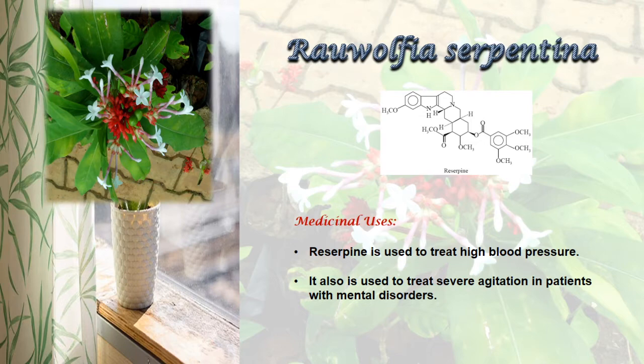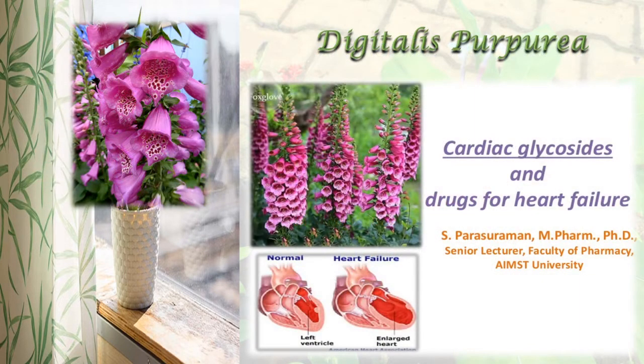And the next one, Digitalis purpurea, having pink bell-shaped flowers. From this plant, glycosides, that is digoxin and digitoxigenin, have been extracted, and they find application in treating cardiac disorders.